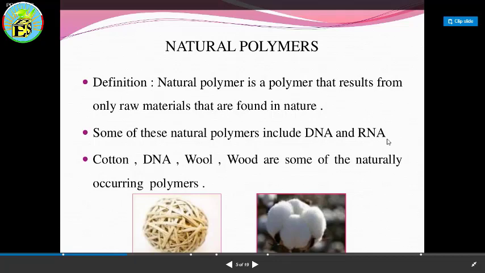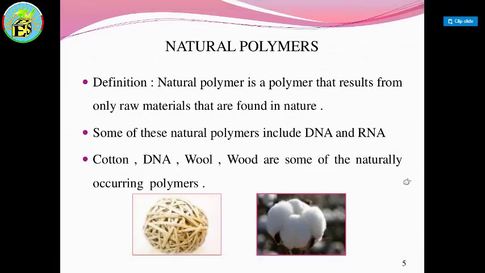You have already studied deoxyribonucleic acid, DNA, and ribonucleic acid, RNA. They are natural polymers. Cotton, DNA, wool, wood are some of the naturally occurring polymers. So now you know what natural polymers are. All these are natural polymers.